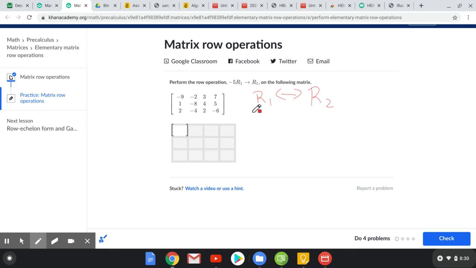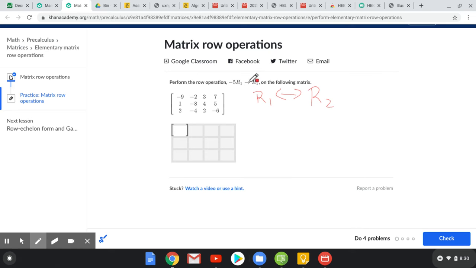I am also allowed to multiply any row by a number. So I'm going to multiply the whole row by a number, and this is the notation for that. That means take -5 and multiply it by row 1. So I'm multiplying each element in row 1 by -5, and I'm putting it in row 1. So I'm replacing row 1 with row 1 times -5.